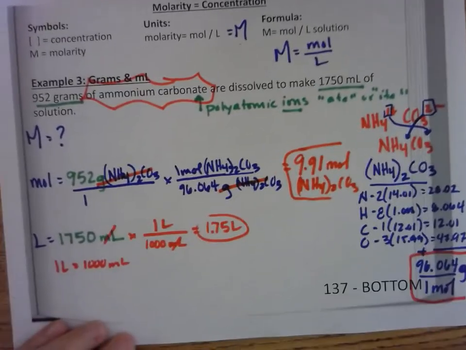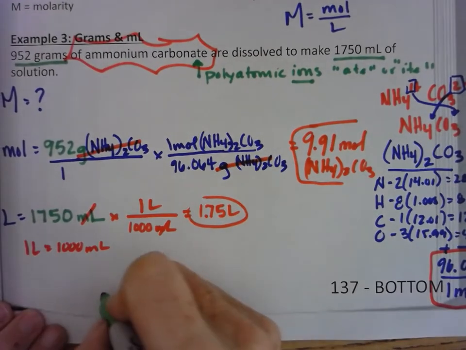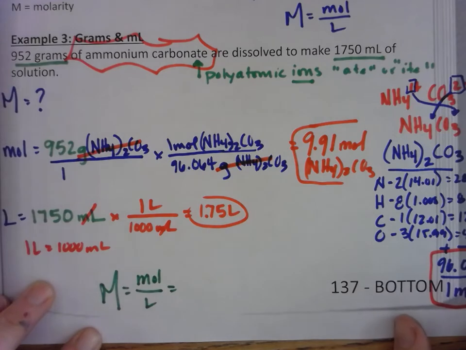And I know that was a lot, but none of it's new except for this part I'm just about to do. This is the only new part. Everything else is something that you've already learned.